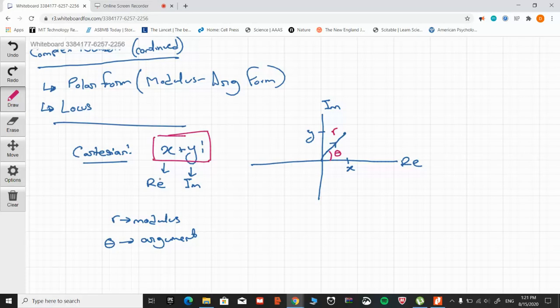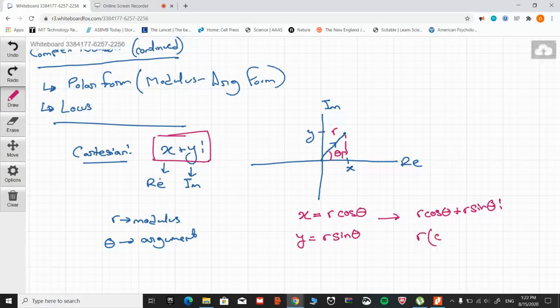Well, if you use trigonometry, sine and cos, you'll figure that the x value is essentially the length of the line r times cos theta, theta being this angle, of course, in radian mode, and the y value is essentially r sine theta, which, when you plug in here, gives you the complex number being r cos theta plus r sine theta i. R, when taken common, gives you r times cos theta plus sine theta i.